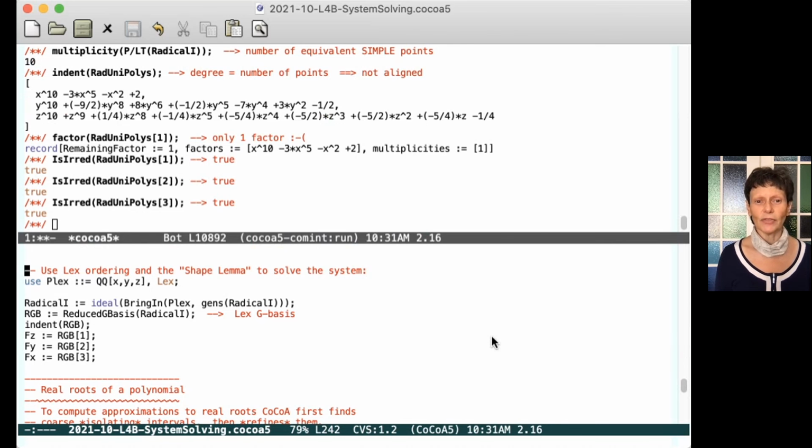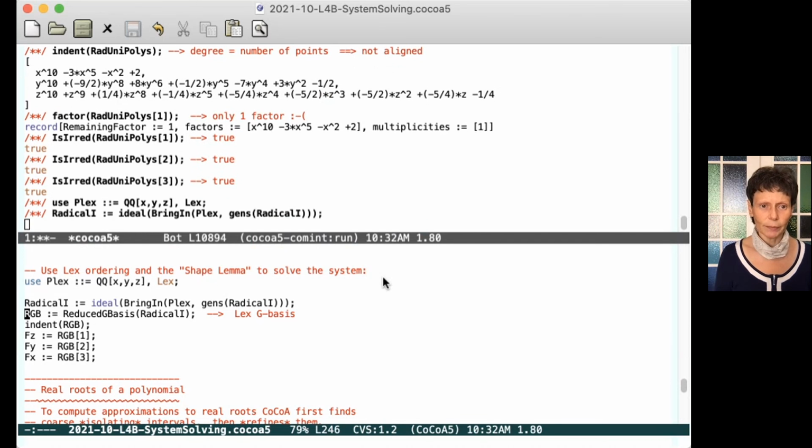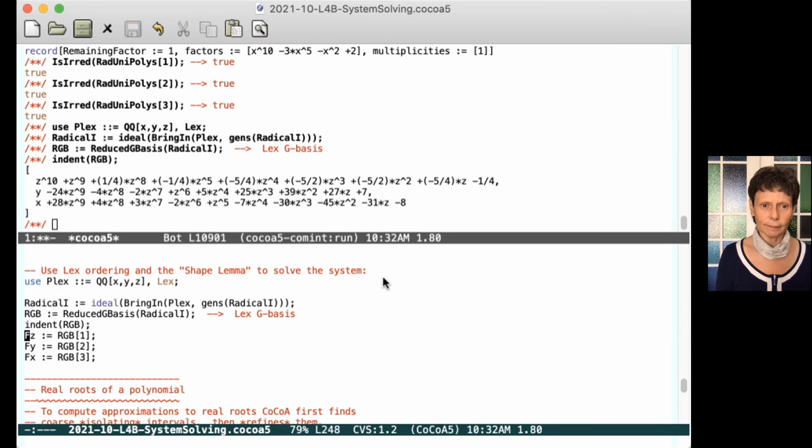And indeed, there is a theorem called the Shape Lemma, which tells us that in nice conditions, where the ideal is radical and there are no alignments in the points, then the lexicographic Gröbner basis has a very nice shape. And this is it.